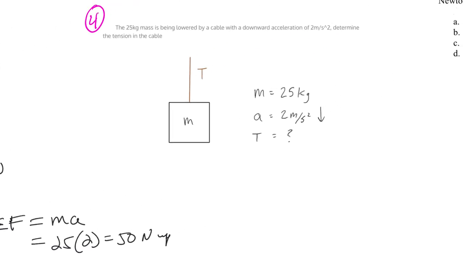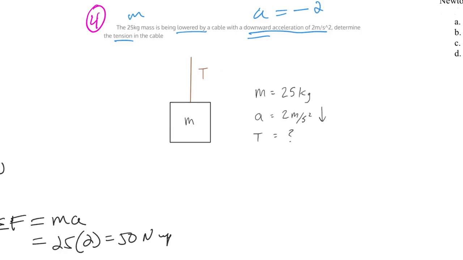Okay, let's do the same thing for here, but we're looking at it lowering, with a downward acceleration. So A is negative because it's a downward acceleration of 2. Here's the mass again. Okay, determine the tension in the cable.